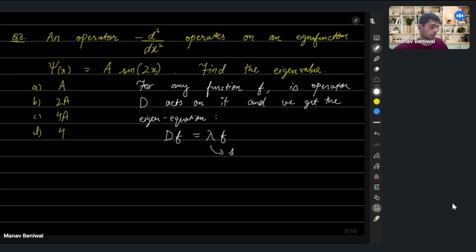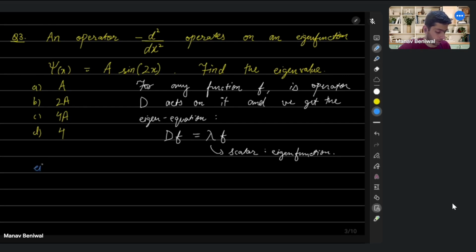So this lambda is a scalar, and this is known as the eigenfunction. Basically, whenever some operator is operating on a function, we must get the same function back, just multiplied with a scalar.